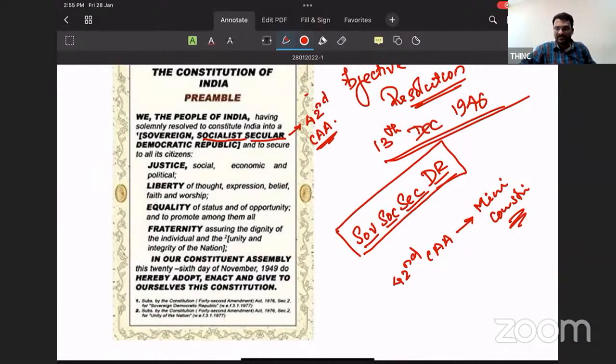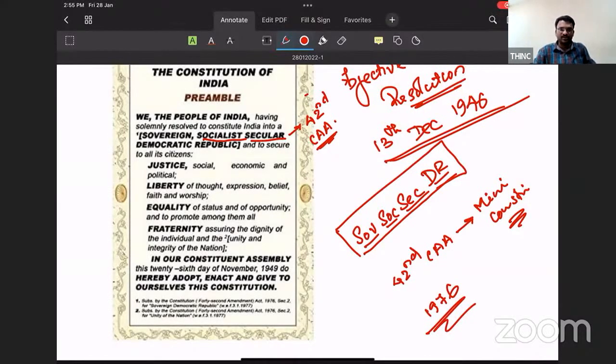This was during the time of Indira Gandhi, in 1976. The 42nd and 44th amendments are very important in the history of India and in the case of the constitution. So, the 42nd amendment, the mini constitution, introduced the words socialist and secular into the constitution.